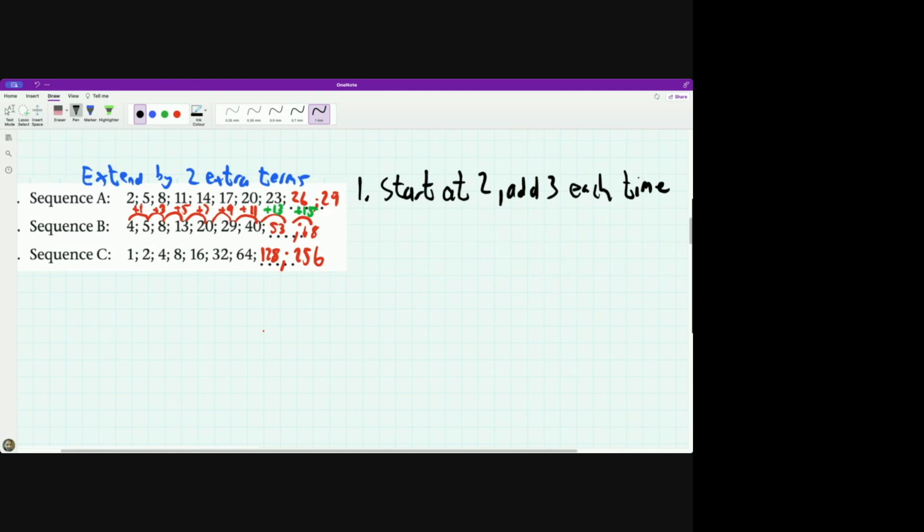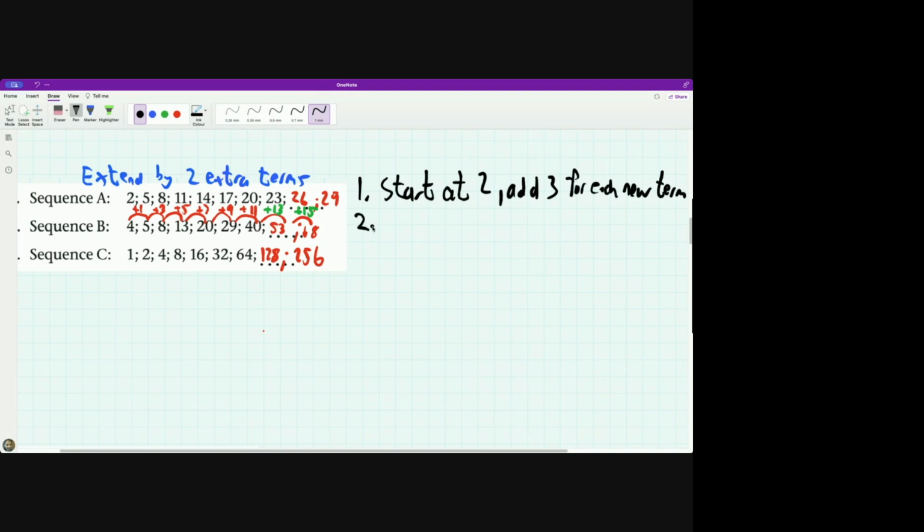That's if I was describing it in English. Start at 2, add 3 each time, or add 3 for each new term. Maybe that's a better way to write it. Okay, number 1. So number 1 is called a linear pattern or an arithmetic pattern.